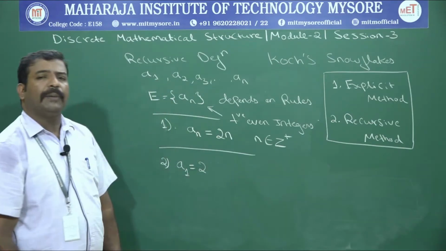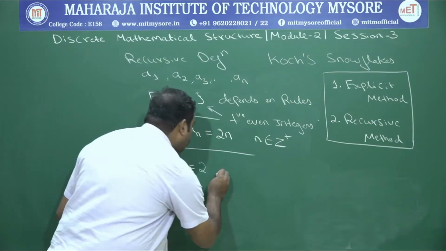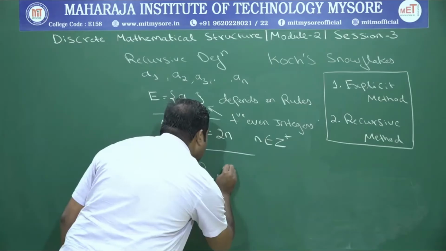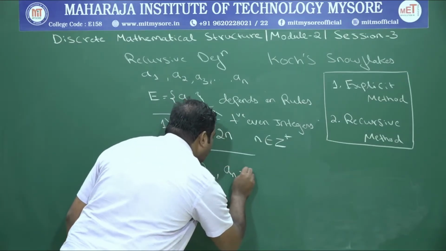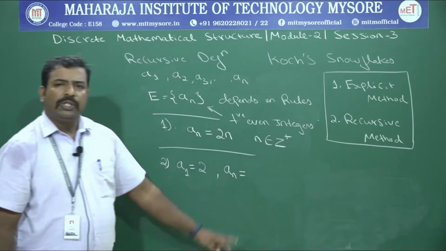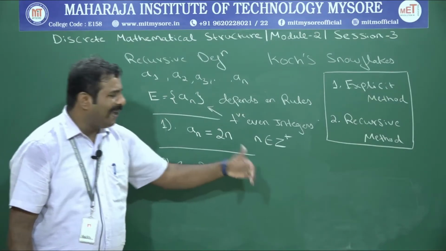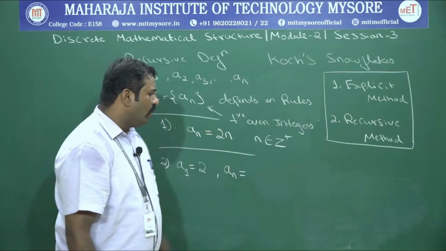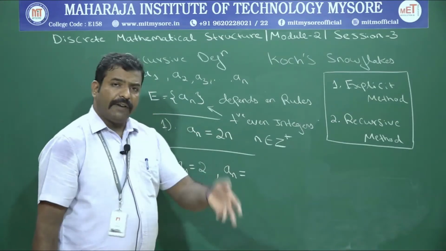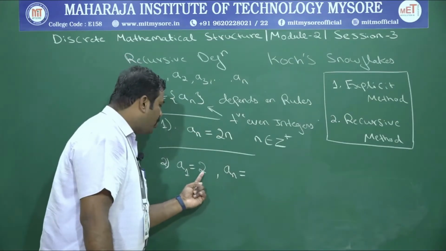Now this acts as my base condition. The rule I have to follow here is that an should depend upon the previous element. If I keep adding 2, that is going to give me an even number.